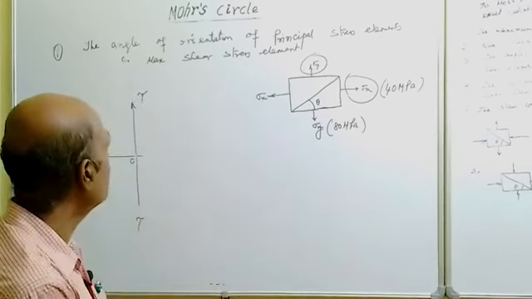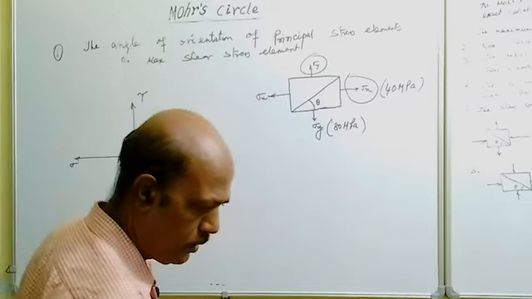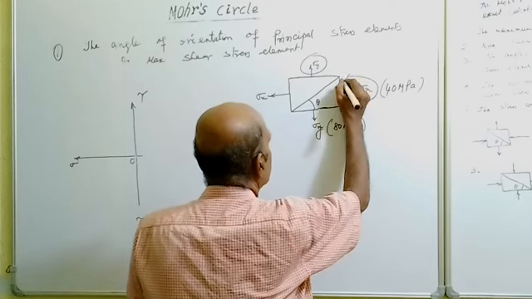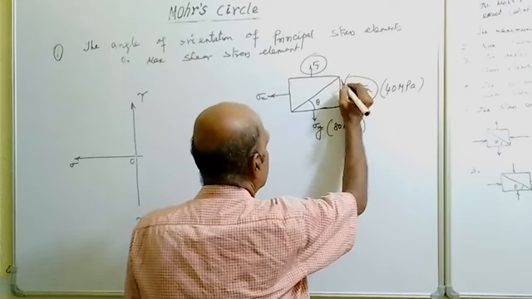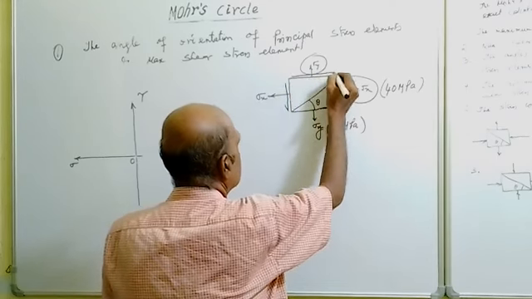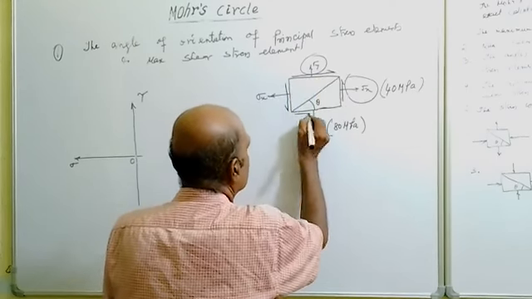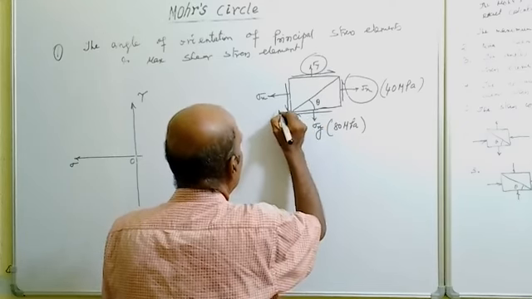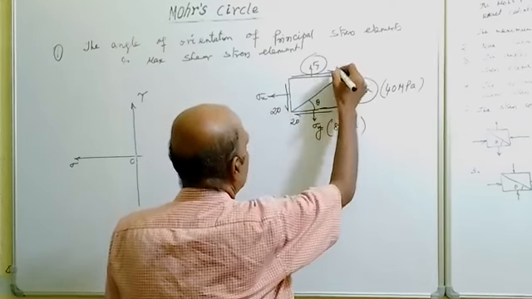To find the angle of orientation, we have to consider shear stress. Okay, let us take shear stress also. The shear stress is also acting over the element. Now let this value be 20 megapascal.